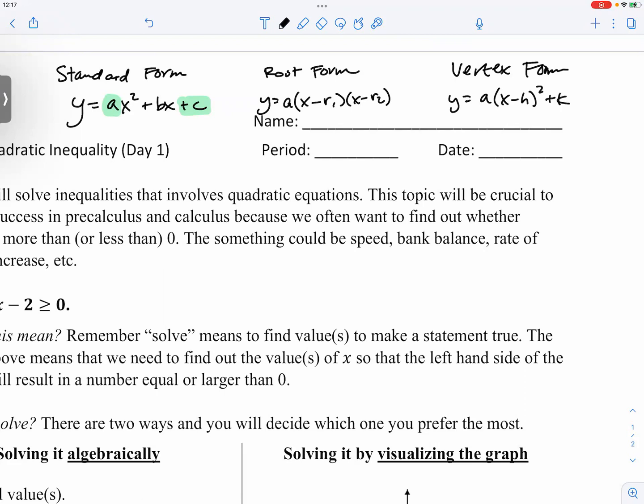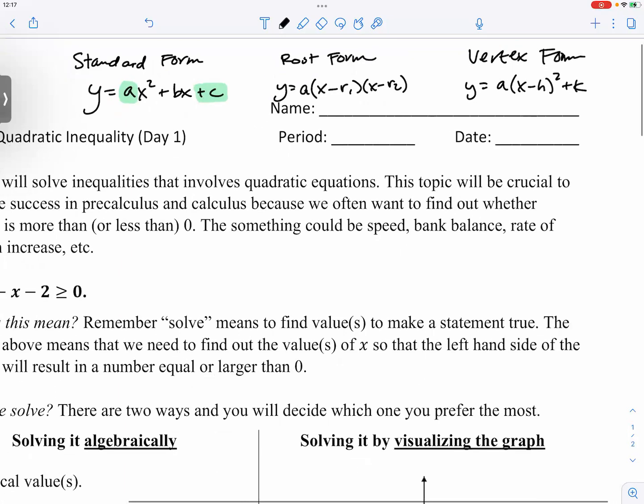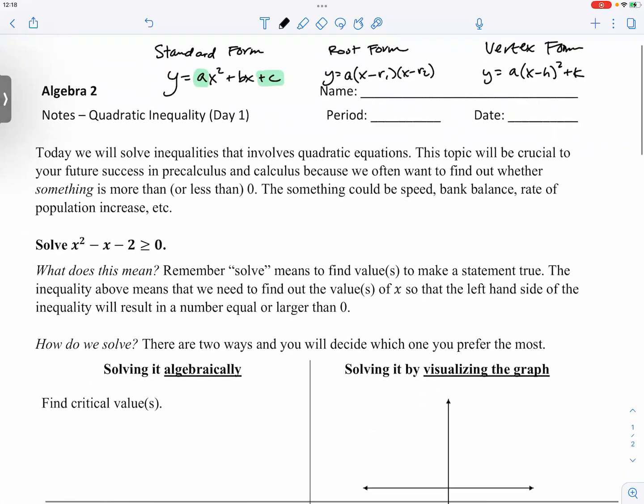If you watched my videos while I was gone, you remember that a lot of people might miss out the square, because they focus on the h and the k and the a, but they might forget the square. But it's very important that you know there must be a square either explicitly or implicitly, okay? Like for the root form, it is a square because x is going to be multiplied by x. So that's how you get your square. All right. Vertex form will be useful for tomorrow.